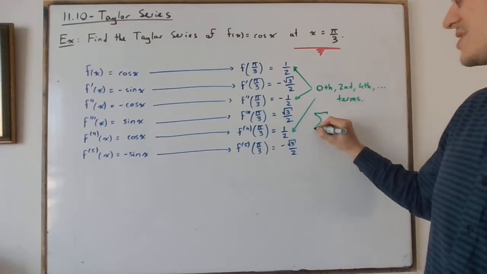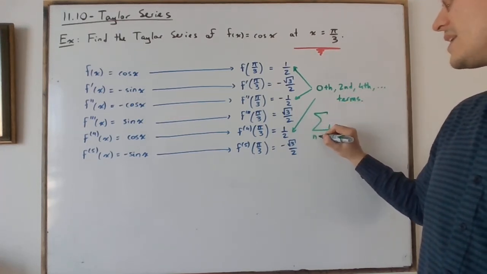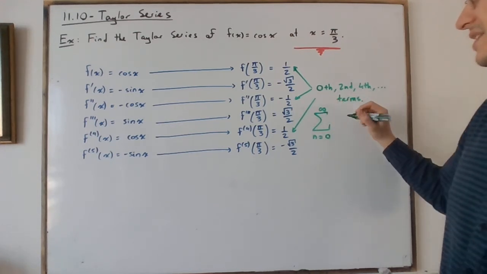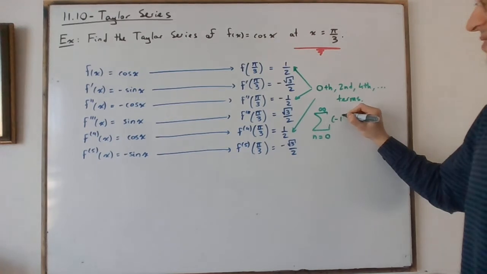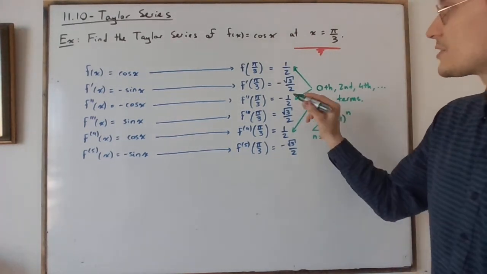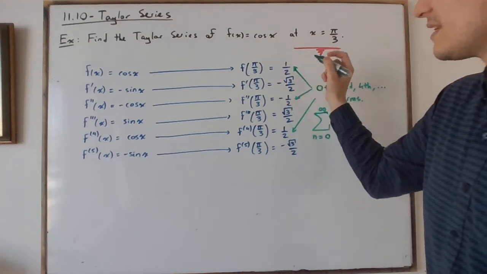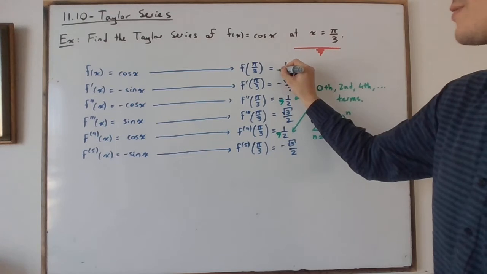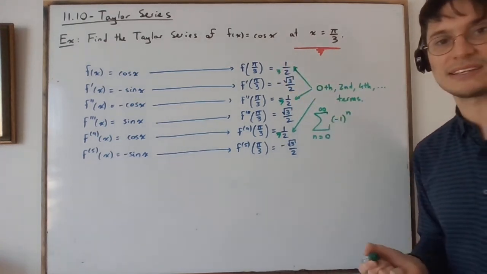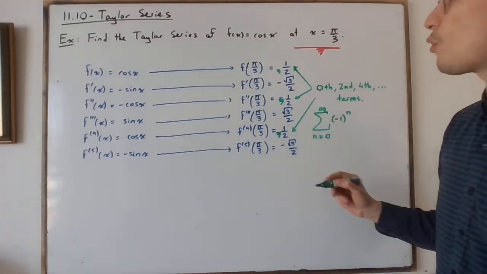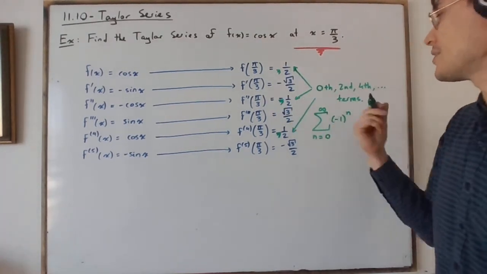We're going to have the sum from n equals, let's say, 0 to infinity. We're going to have negative 1 to the power of n, because it's alternating. We have positive, negative, positive. That's the signs over here. This is responsible for the negative 1 to the power of n. And now we need to jump over the odd derivatives.